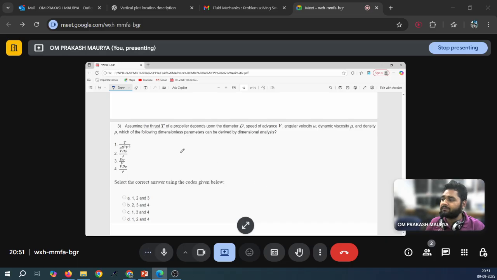Another question. Assuming the thrust T, meaning force, thrust T of a propeller depends on diameter D, speed of advance V, angular velocity omega, dynamic viscosity mu, density rho, which of the following dimensionless parameters can be derived by dimensional analysis?